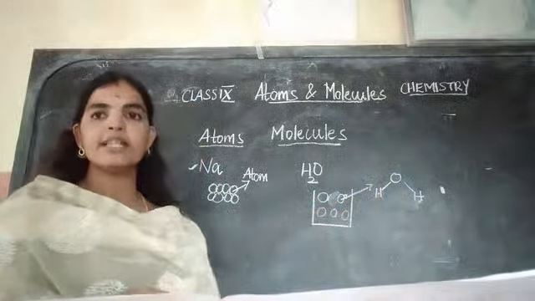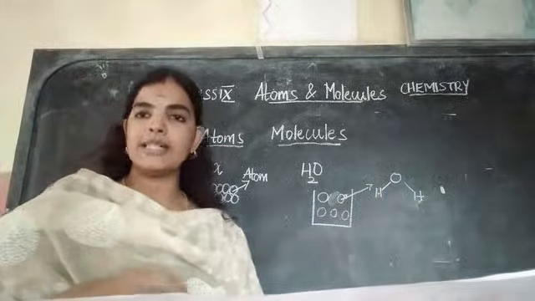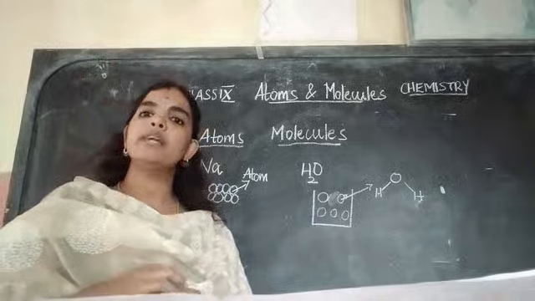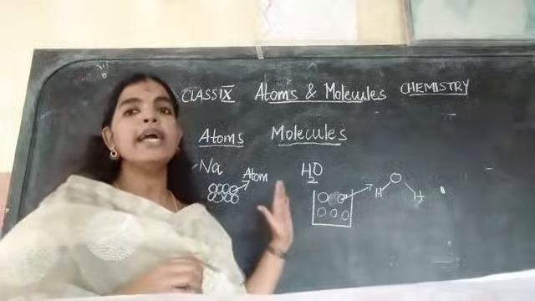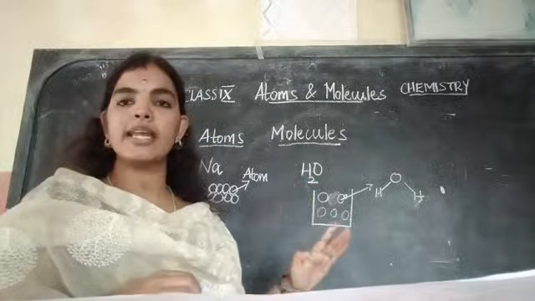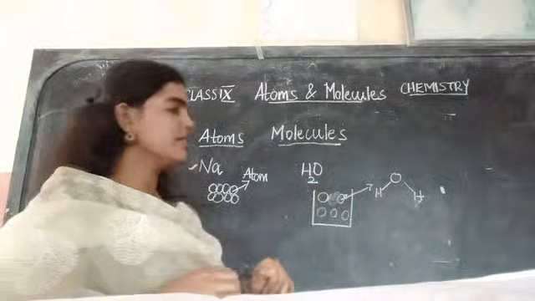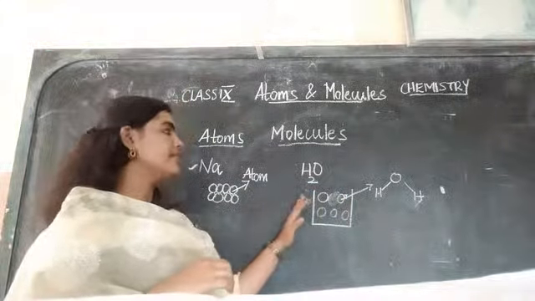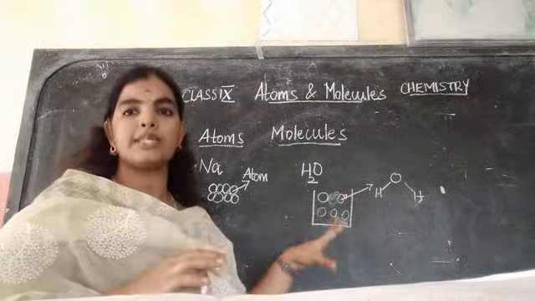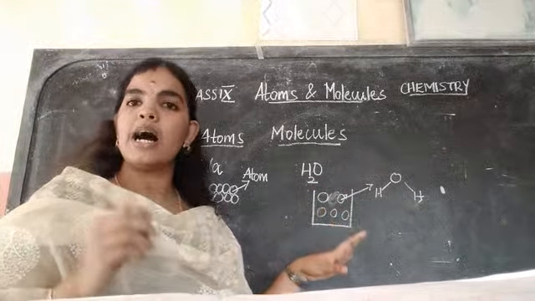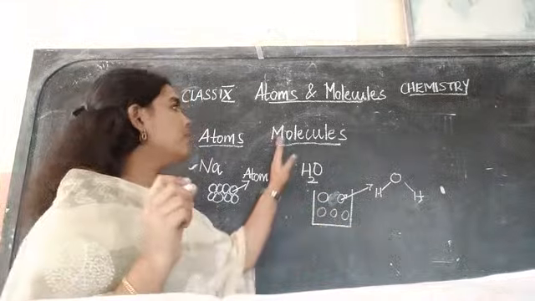So molecules are made up of atoms, or atoms combine to form molecules. These molecules have an independent existence and show the properties of the specific substance. For example, water, whether in solid, liquid or vapor state, is H2O itself.